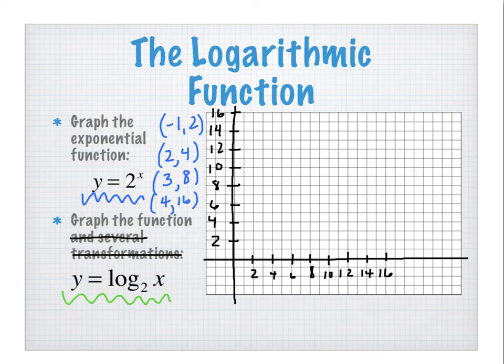Negative 1 would be a 1/2. So negative 1 for x, 1/2 for y, which would put me here. 2 for x gives you a 4 for y, puts me here. 3 for x gives you an 8 for y.